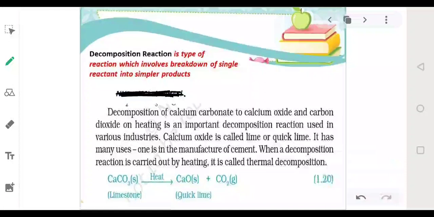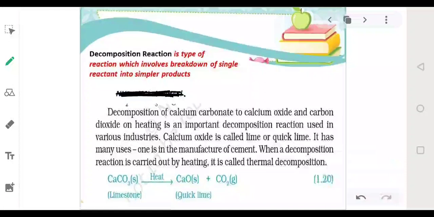Second is decomposition reaction. What is decomposition? It is a type of reaction which involves breakdown of a single reactant into simpler products. In combination, two or more reactants combine to give a product. Here the reactant will be broken down into simpler products.